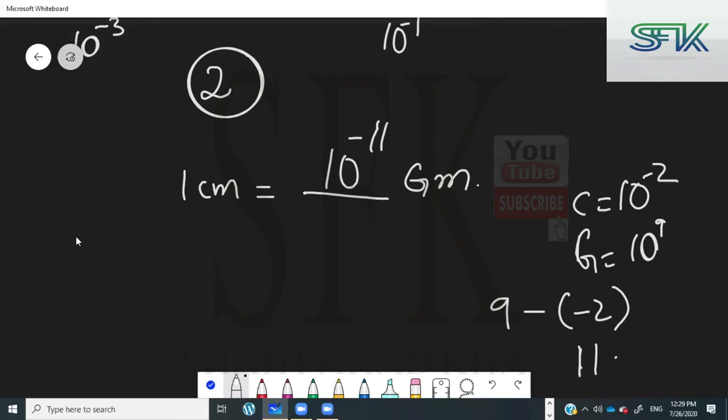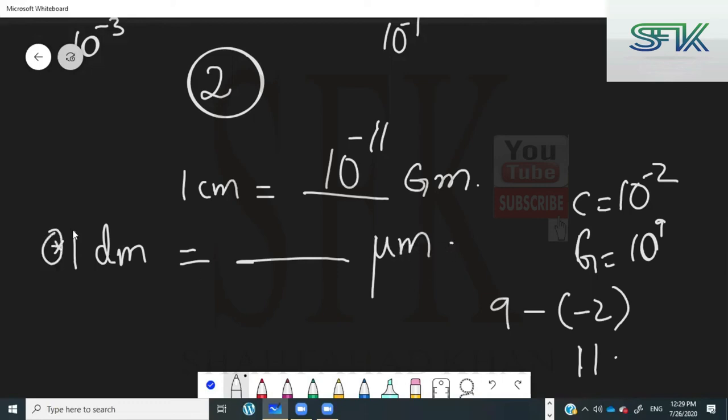If you're going from 1, let's say, decimeter to, now this time, let's make it micrometers. This is actually not from smaller to larger, but rather larger to smaller.